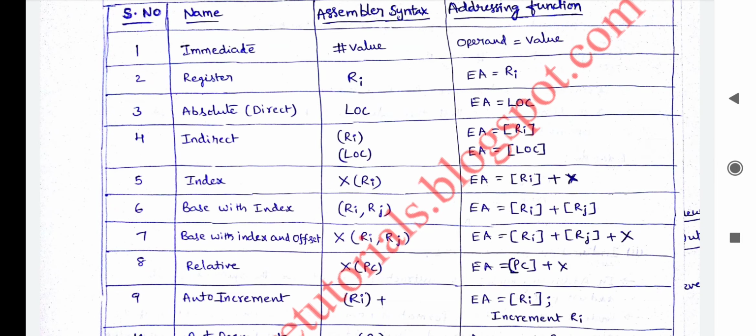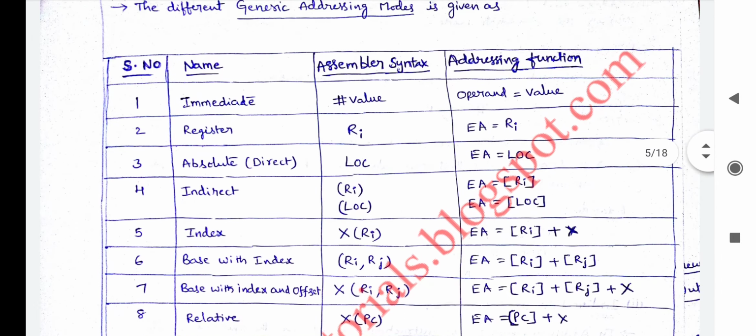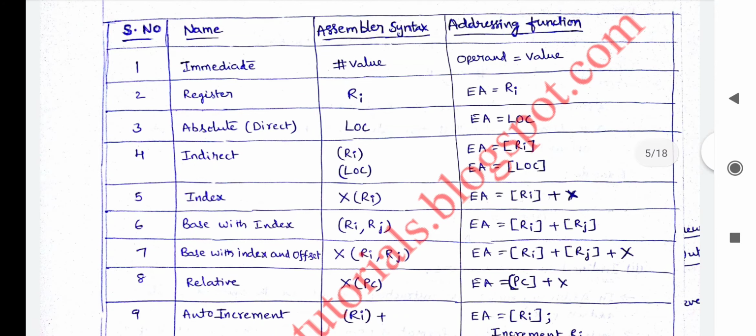One more time, addressing mode means how we can represent the location of an operand in an instruction in different ways. Those are called addressing modes. The way of representing the address of the operand stored in the main memory in an instruction is called addressing mode, right?